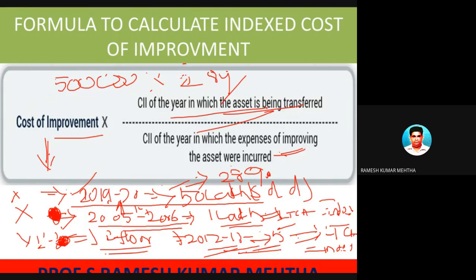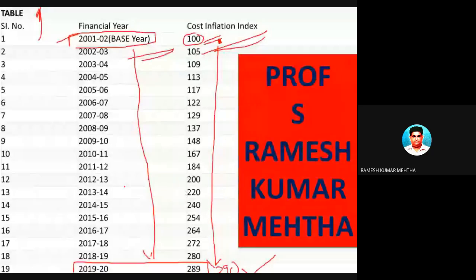Number three is the CII of the year in which the improvement was incurred. In which year was this improvement made? This improvement was made in 2012-13, so we have to take its cost of inflation index. So you have to go back to the cost of inflation index of 2012-13. So this is the 2012-13 CII.